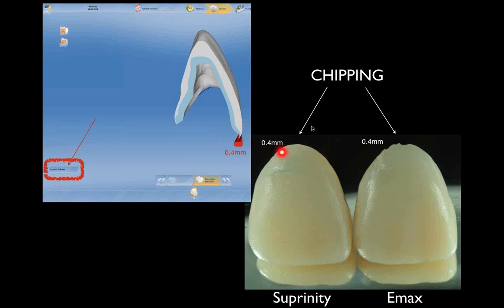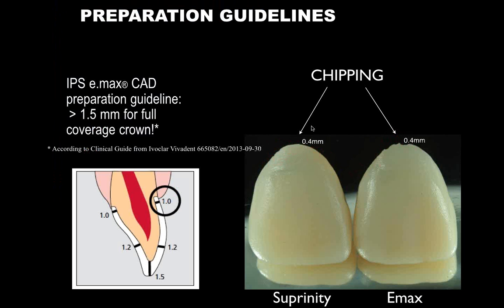And when it ends up this thin, basically, on lithium disilicate we get chipping. On Suprinity, you also see a very, very fine chipping on this little edge here, but we don't get very strong chipping like we used to get on some of the other materials. But keep in mind, this should not be milled this thin.